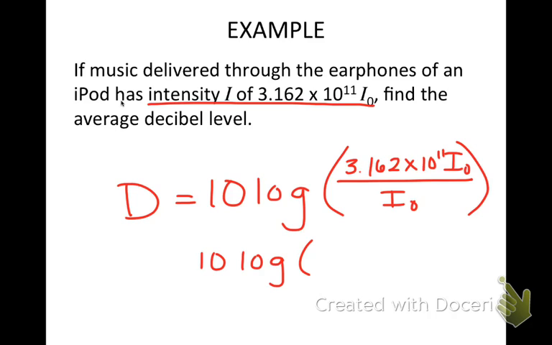Let's see if that works. Did that work? Yeah. So we are typing in E11. Let me make sure that actually is, yep, that's what it is. So we're getting about 115 if you round that.